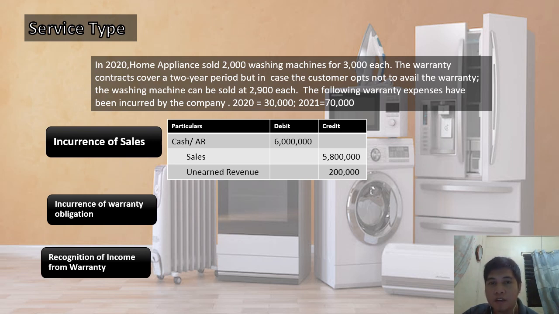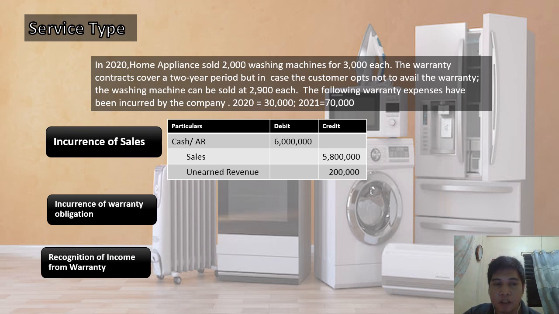Then the sale, which is only dedicated to the washing machine alone without the warranty contract, should be 2,900 times 2,000 washing machines, so the amount should be 5,800,000. Then the 100 pesos allotted for the warranty contract should be treated as unearned revenue since the service is not yet performed and the warranty is considered a service type warranty.